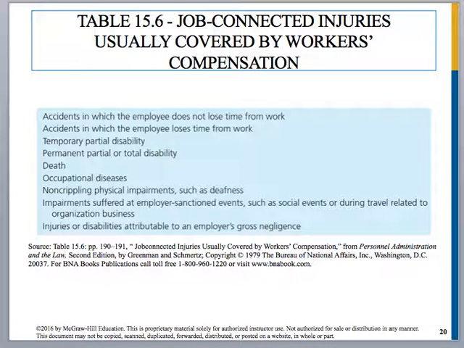Table 15.6 shows you the job-connected injuries that are usually covered by workers' comp: where there's an accident where you as the employee don't lose time from work, then those where you do lose time from work, temporary partial disability, permanent or total disability, permanent partial or total disability, death, occupational diseases, like for instance asbestos, non-crippling physical impairments such as deafness, employer-sanctioned events, such as social events or travel related to organization business, and injuries or disabilities attributable to an employer's gross negligence.